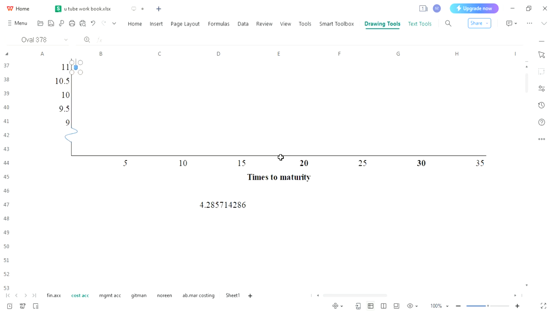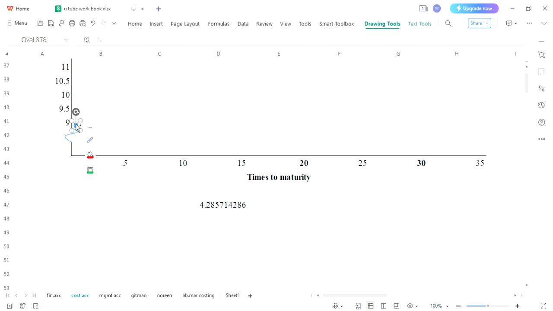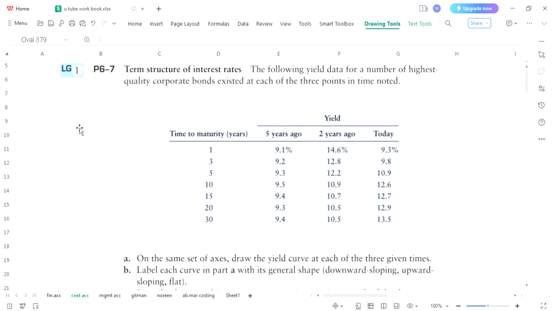Okay guys, so 9.1 would be, this is 9, and just above the line we will get 9.1. Okay, so this is the first point, and now for the second point we are required to go at 3 years.